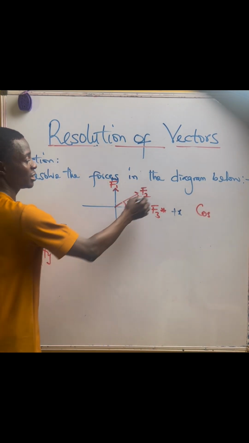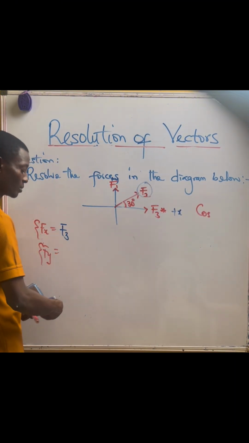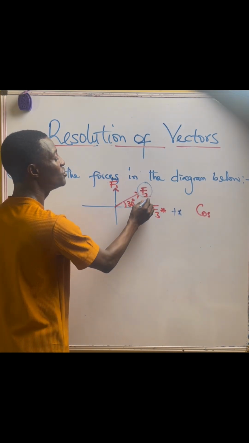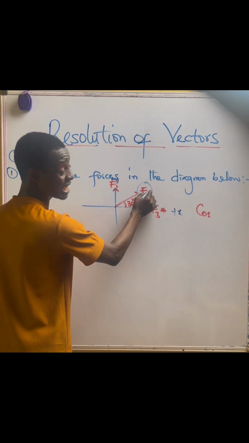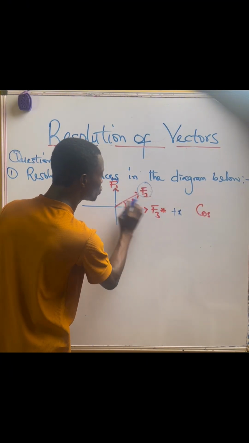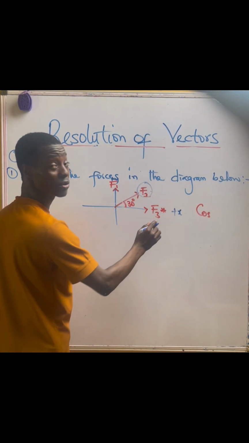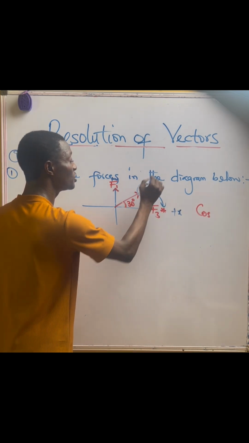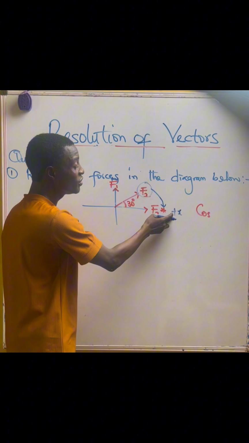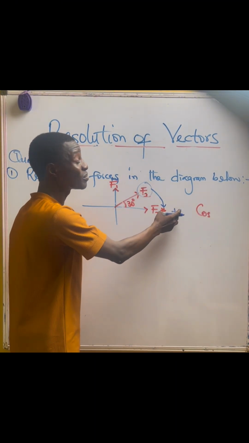Now, let's move to F2. So since I have F2 here, what's going to happen? Here for F2, I have to resolve the force towards x-axis. Do you understand? It will be as if I'm bringing the force to be in line or to align with this line, okay? So I'm resolving towards the x-axis. Now note that the x-axis I'm resolving to is actually the nearest x-axis, which is positive x-axis.